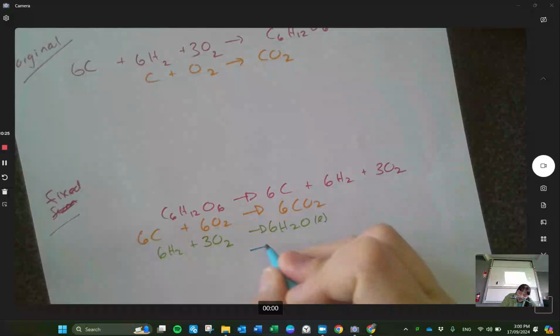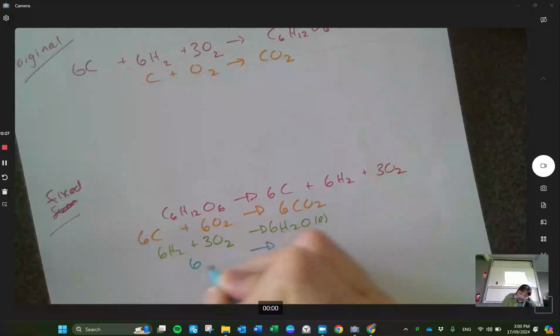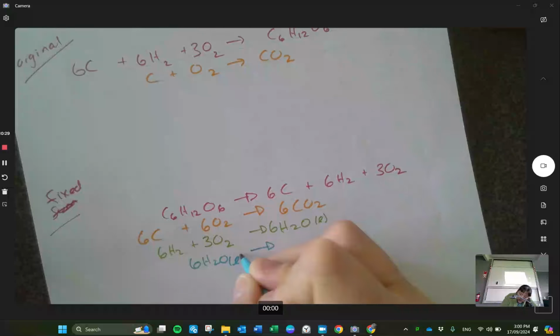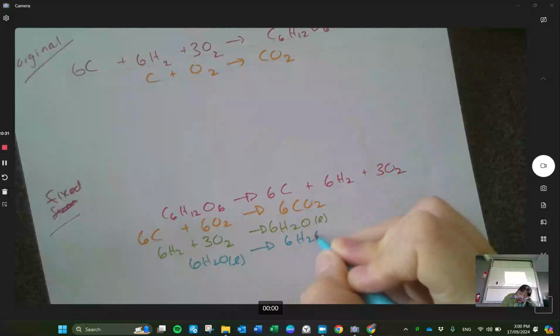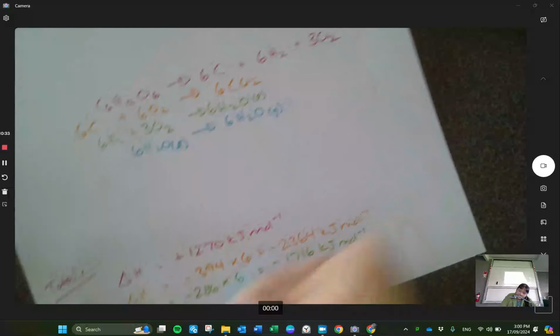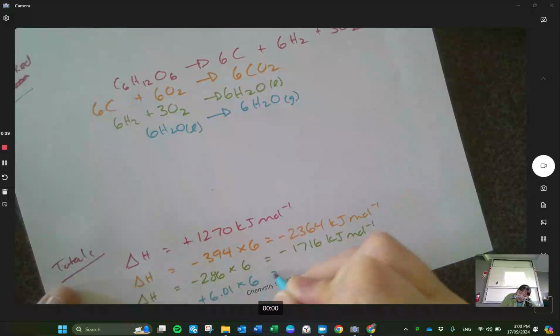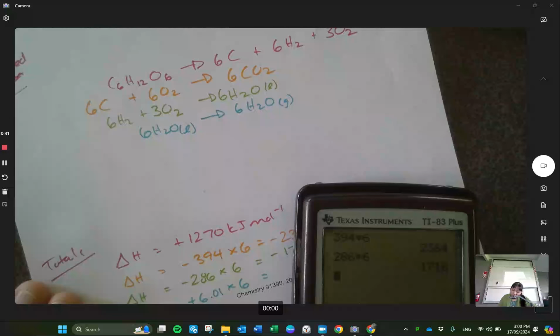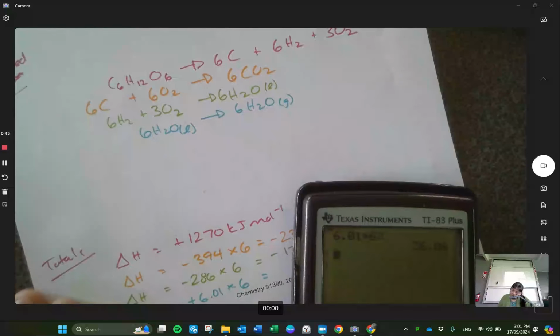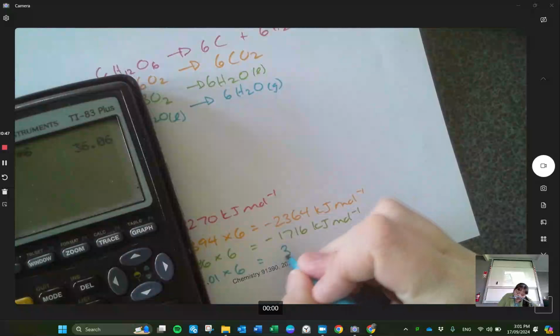So all I would have in that case is 6H2O as a liquid to make 6H2O as a gas. So delta H I'm adding in there is positive 601 times 6. So now I can add that to my total. So that's going to be 36.